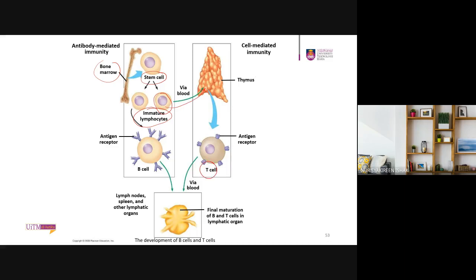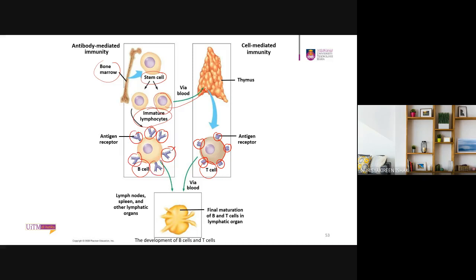So this immature lymphocyte, ada yang keluar pergi kat thymus and mature into T cell. Okay, matures into T cell. Tapi yang maintain akan mature into B cell. So as you can see, both of these lymphocytes at the cell surface, dia akan ada antigen receptor. So this is antigen receptor. For B cell, the antigen receptor is Y-shaped.